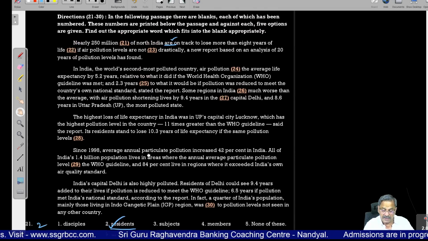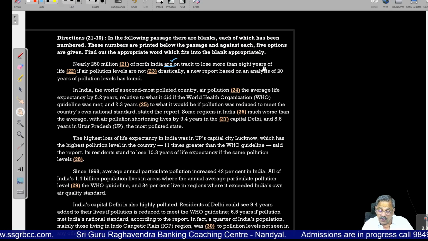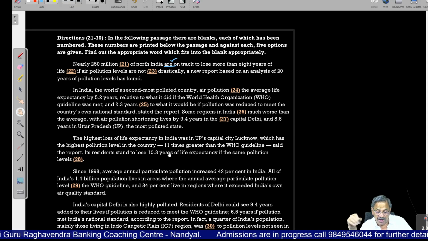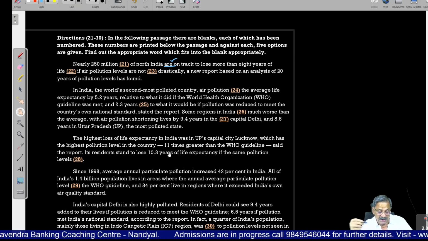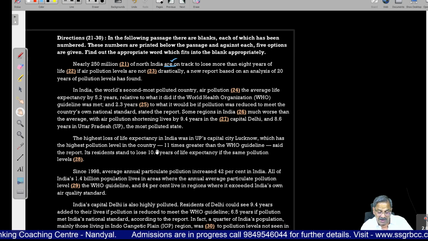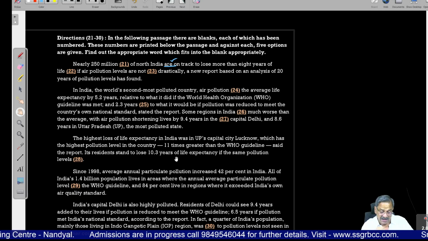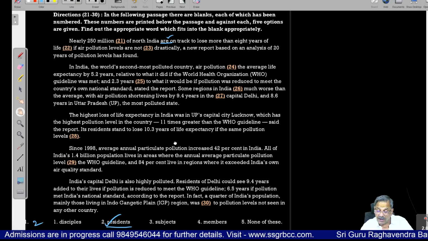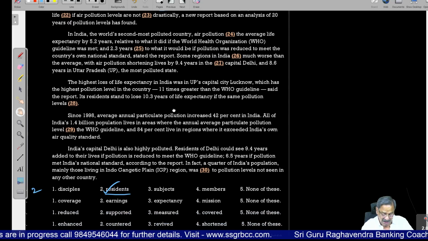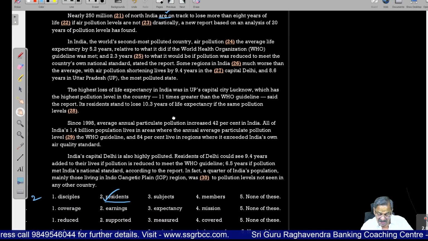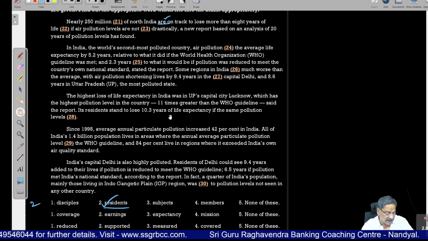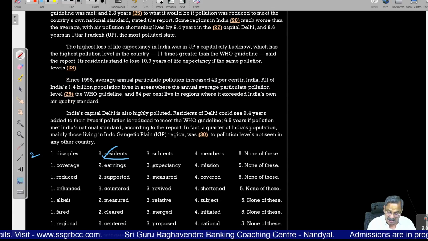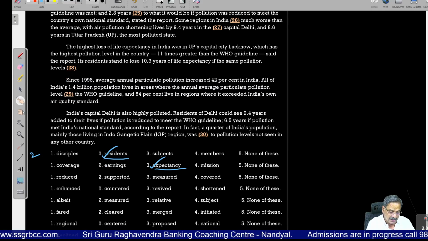Then next. More than 8 years of life dash. Nearly 250 million residents of North India are on track to lose more than 8 years of life dash if air pollution levels are not dash drastically. If air pollution levels do not drastically, so then what happens? More than 8 years of life coverage, earnings, life expectancy, that is the life span, life expectancy as per the context.